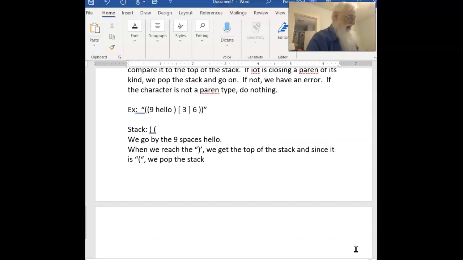So our stack now just has the 1 paren in it.